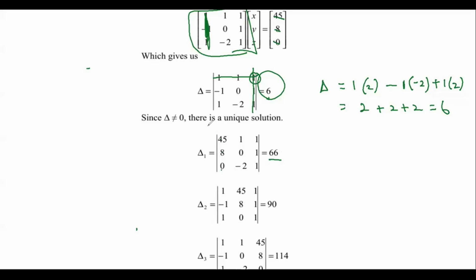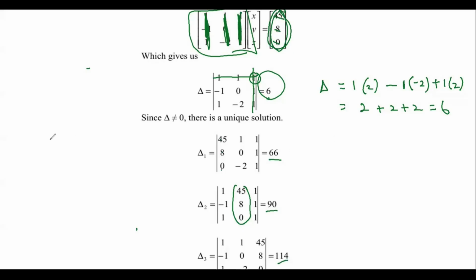For the second determinant, you replace the second column with this vector here, and you find the determinant again. Then you do the third one now. You strike out this last row and column and put 45, 8, and 0. That's what you have here. And you find the determinant and you get 114.